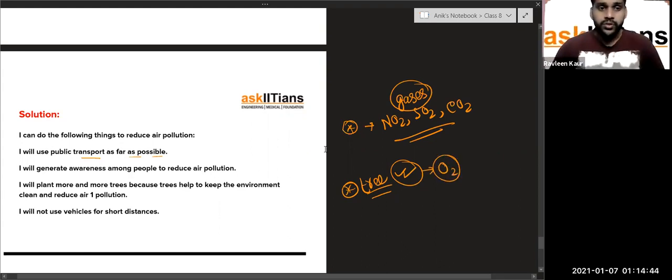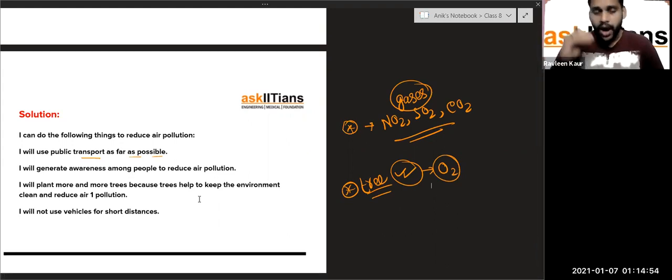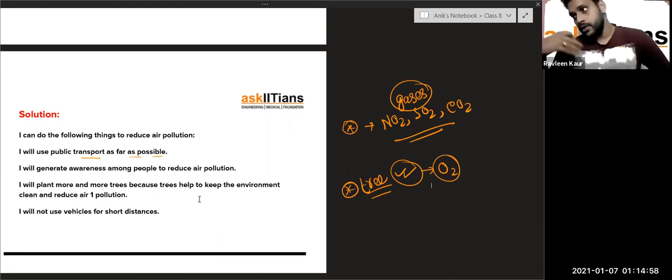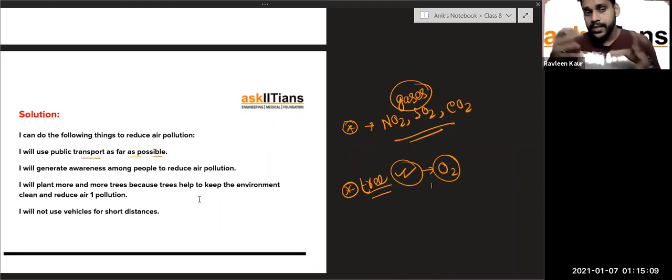Okay, I will not use a vehicle for short distances. If you have to go a short distance, you would walk for it, you would take a cycle for it. But don't take your motorcycle or your car for this sort of reason. If you have to go somewhere that is far away from where you live, you should go in your car or in your motorbike.